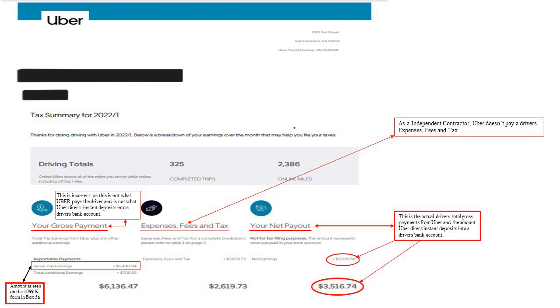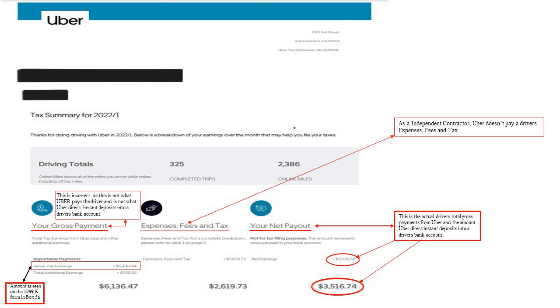The first thing that we see here is your gross monthly payments. Now, according to what we see here, this is incorrect. This is not what Uber pays the drivers and is not what Uber direct or instant deposits into a driver's bank account.